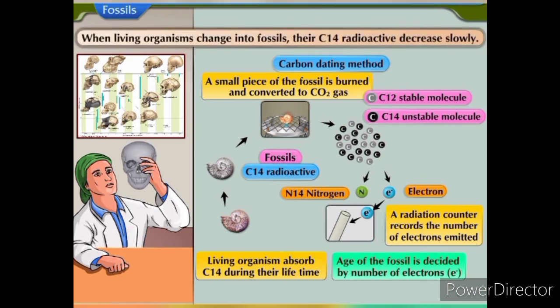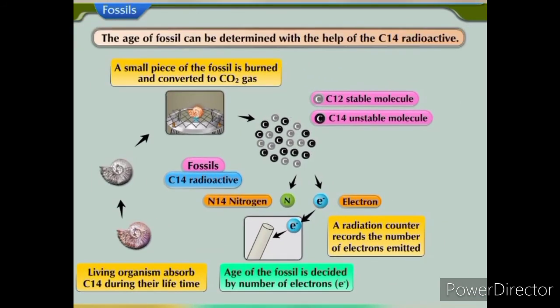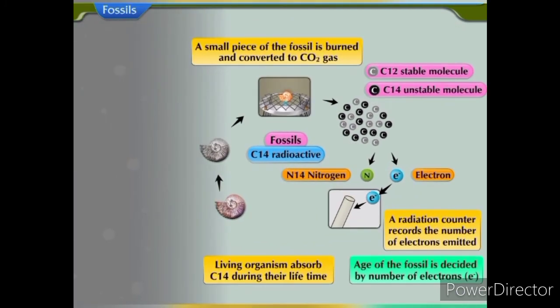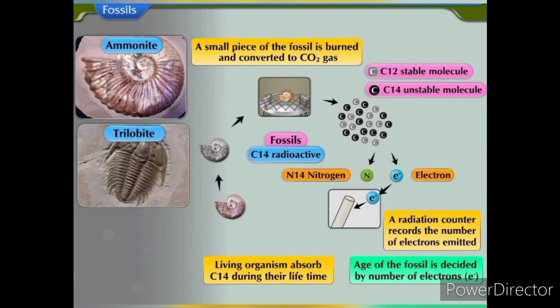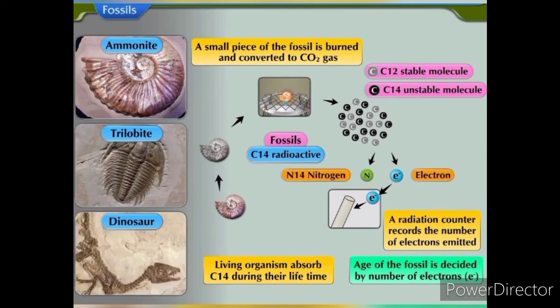When living organisms change into fossils, their C14, carbon-14 radioactive, decreases slowly. Thus, the age of a fossil can be determined with the help of the C14 radioactivity. The age of ammonite, trilobite, and dinosaur is determined by this process.